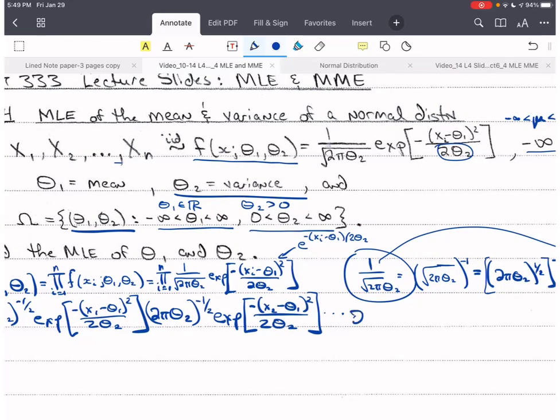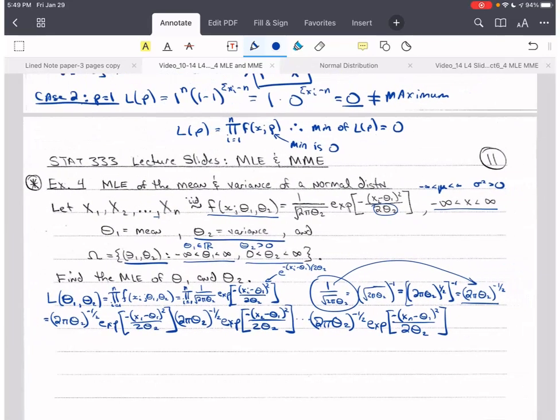And so this is going to be 2 pi theta 2 to the negative 1/2 exp negative xn minus theta 1 quantity squared over 2 theta 2. Okay. And so I've got n terms. I've got this repeated n times. So I've got it times itself n times.